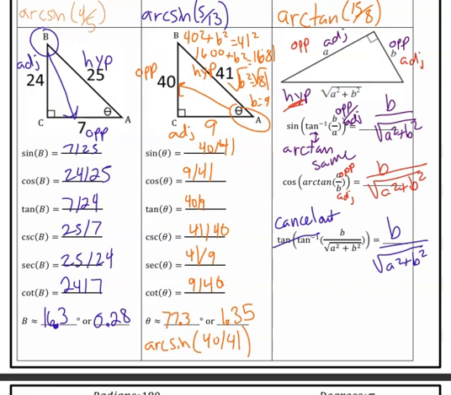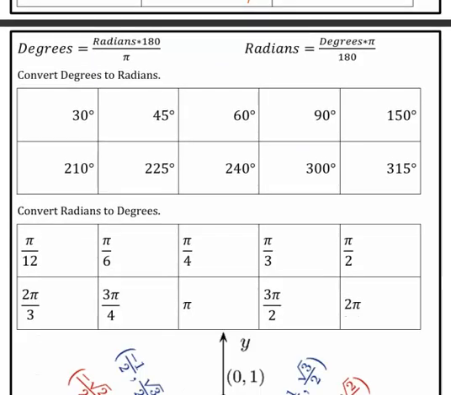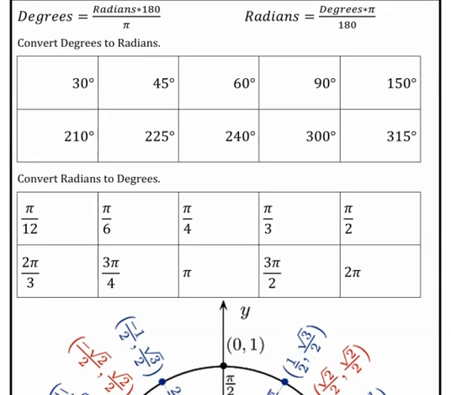Let's look at the last page. Converting from degrees to radians and radians to degrees. So to get radians, you take the degrees and multiply it by pi and divide by 180. The zeros cancel. 30 over 180 is the same thing as 1 over 6.